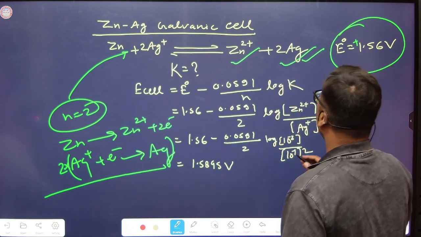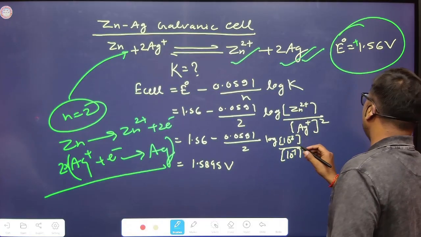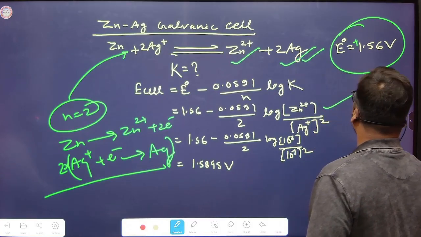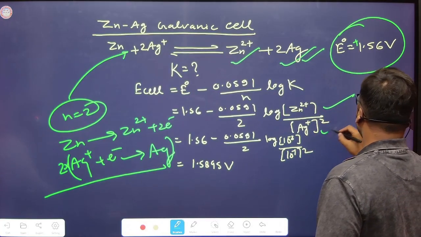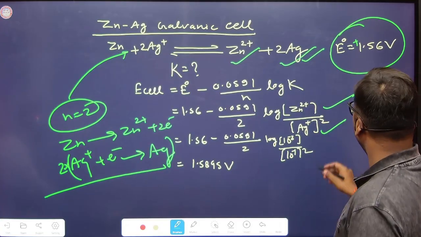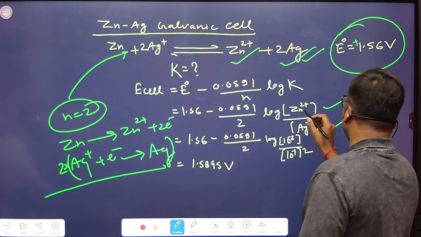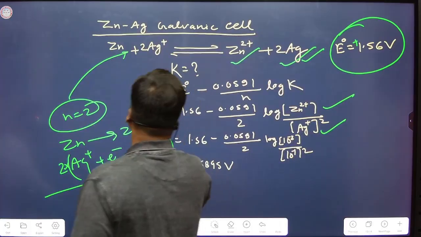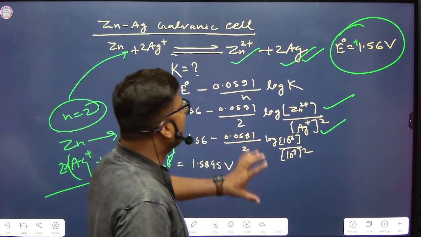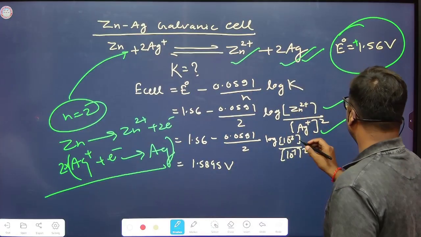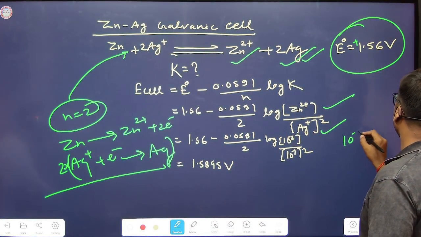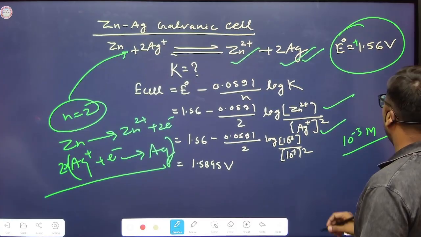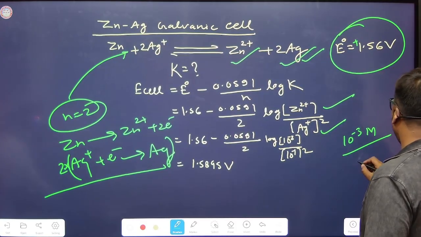Now the concentrations of zinc 2 plus and Ag plus are like that. Here the value of zinc 2 plus is 10 to the power minus 3 molar. In the question it is given that after some time the zinc 2 plus is 10 to the power minus 3 molar, right? But the value of Ag plus is 10 to the power minus 1.